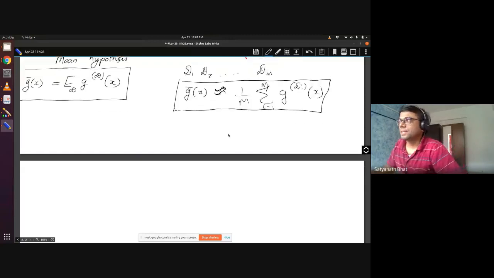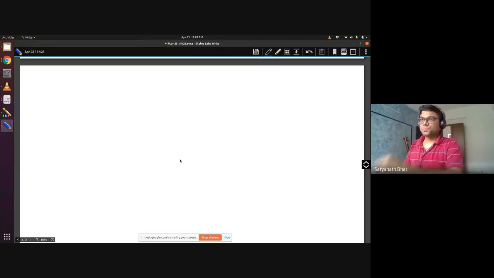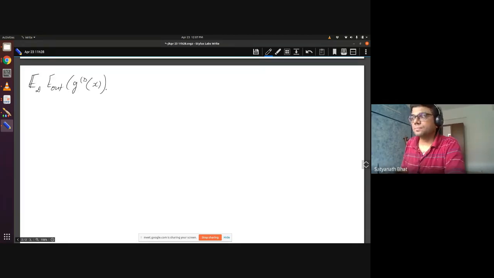Okay, so very nice. So what we wanted to do was the expected value over all the data set, E out of GD of X. Now, expected value of GD of X, we know what that is, right?